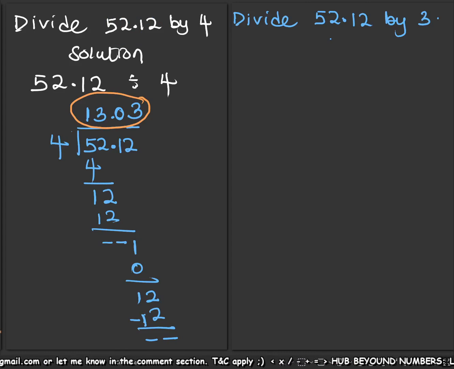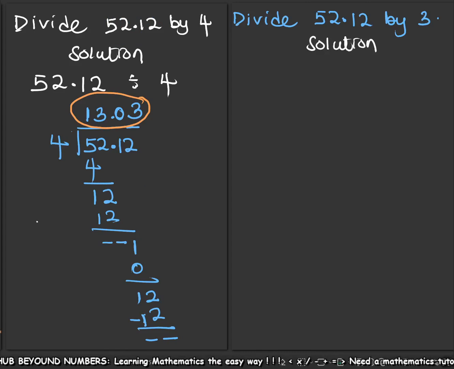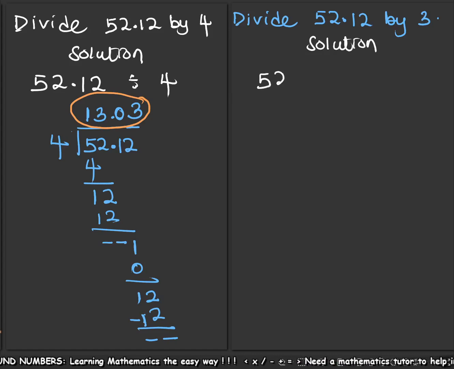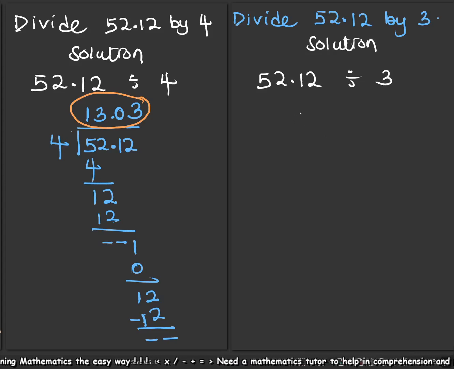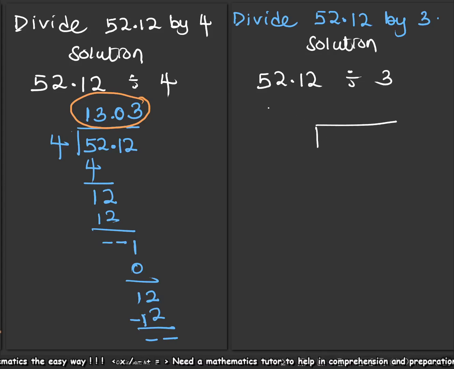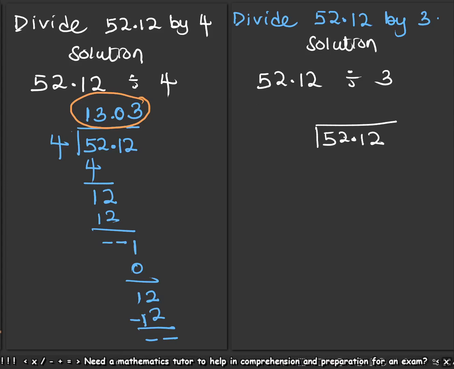So let's see how that is answered. So we have 52.12 divided by 3. If I'm to put my sign here, I have my 52.12 inside, which is our dividend, and then our divisor, which is 3, comes outside.